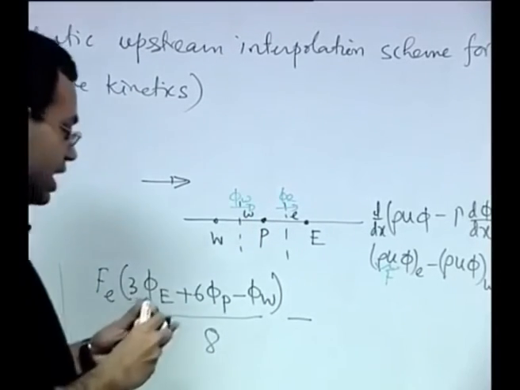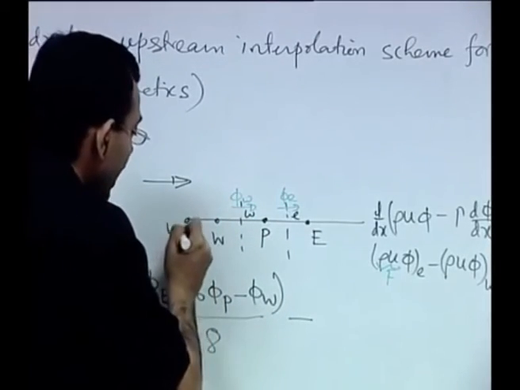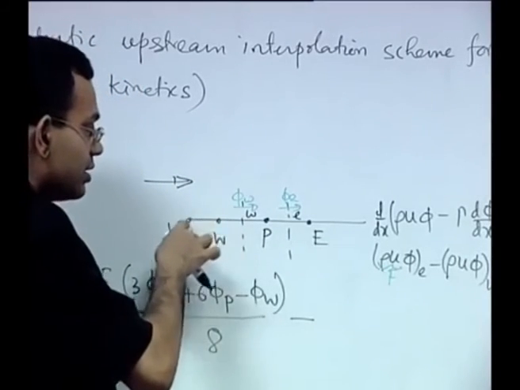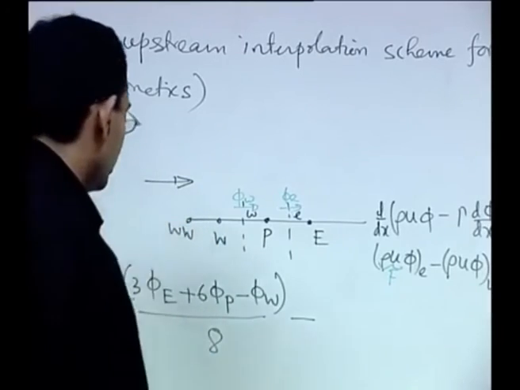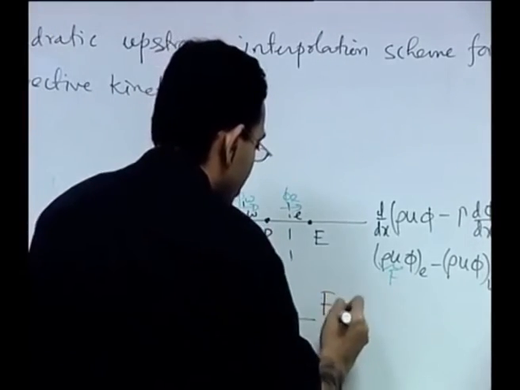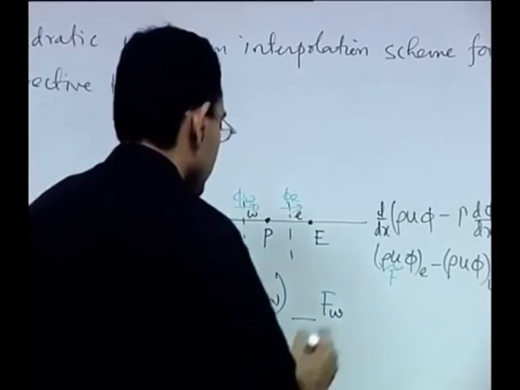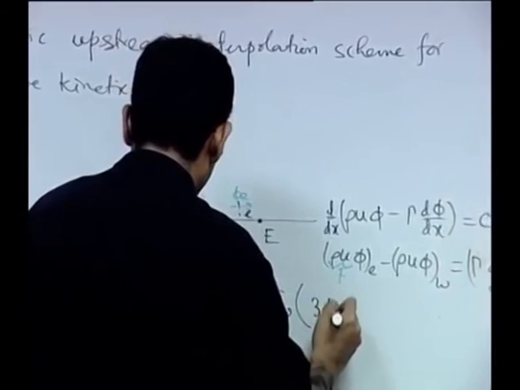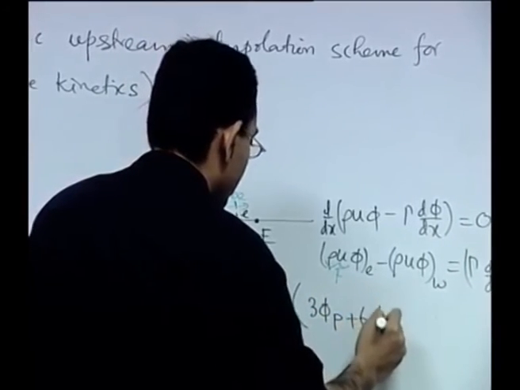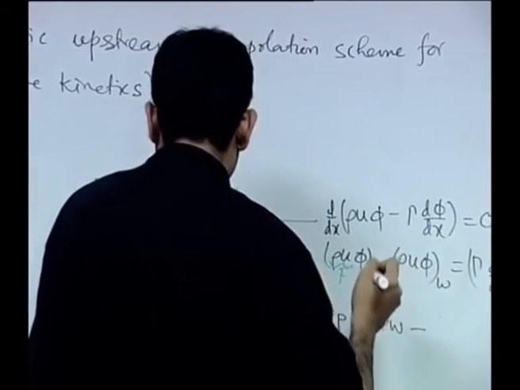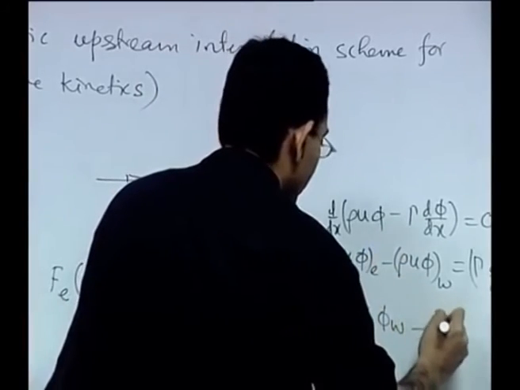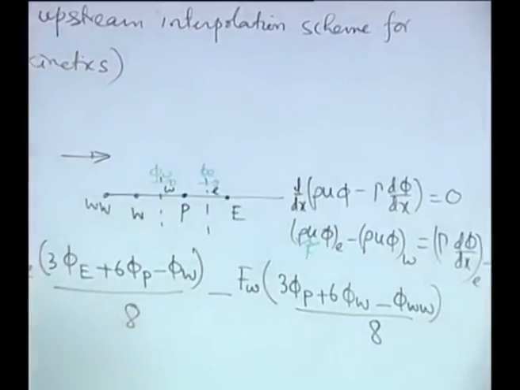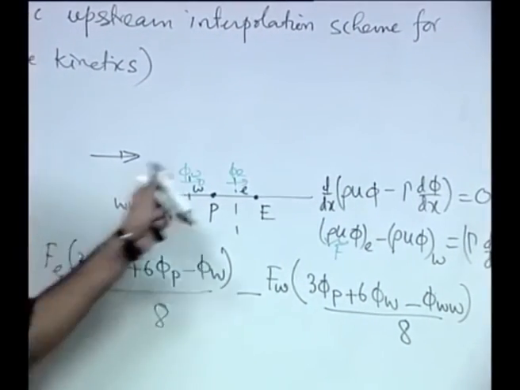So, you require another upstream point. So, that conventionally is given a name WW. So, it is another upstream point just equidistant. So, then you have f small w into now 3 phi p plus 6 phi w minus phi WW by 8. So, this is the advection term profile.